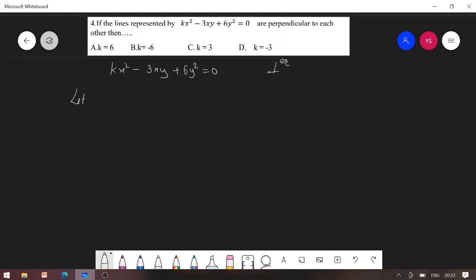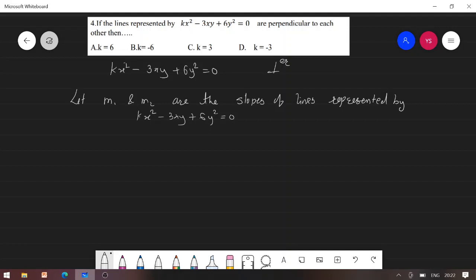Let us assume that m1 and m2 are the slopes of lines represented by the combined equation kx square minus 3xy plus 6y square equals 0.